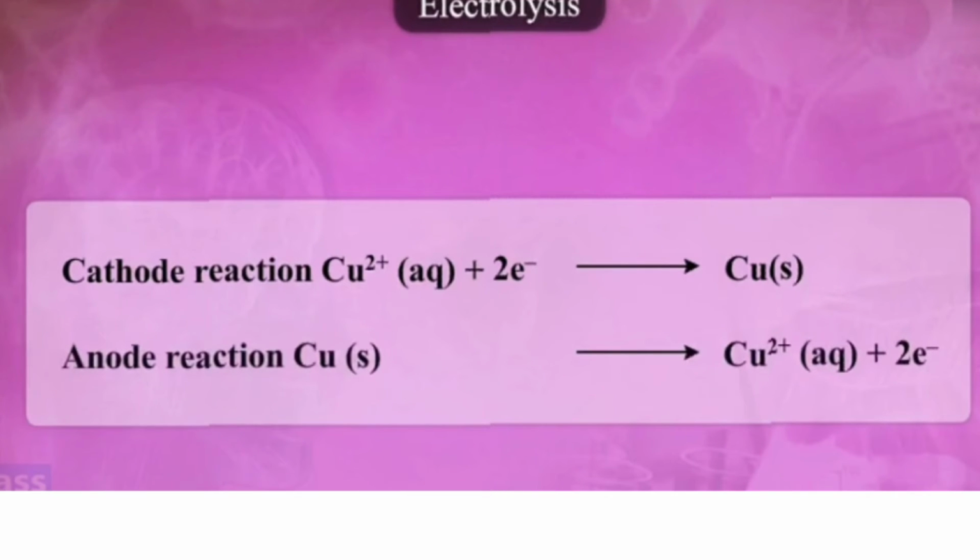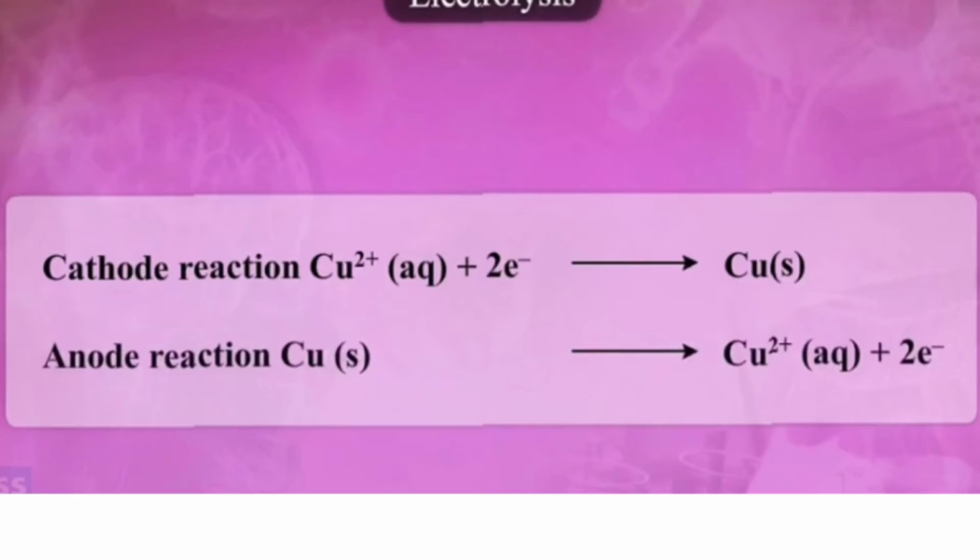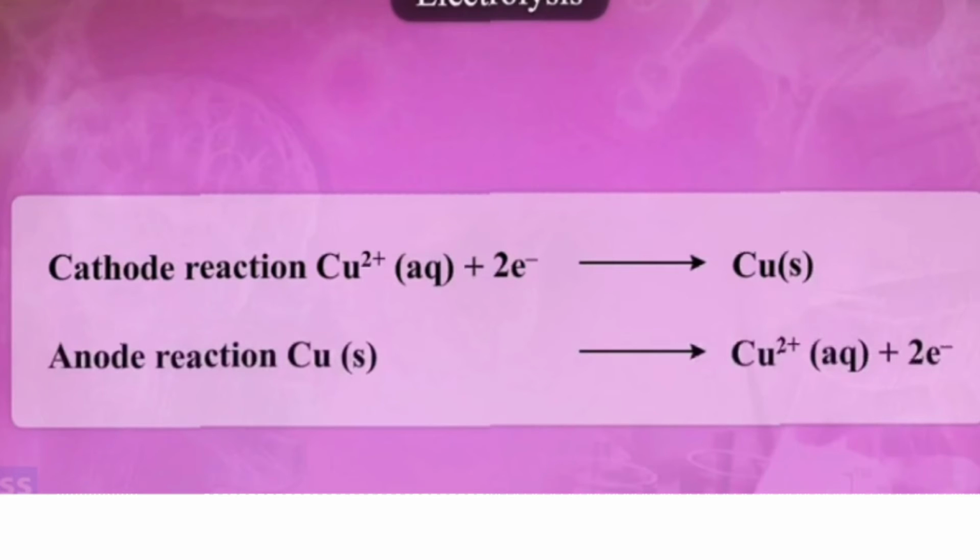Always see, cathode is the negatively charged electrode, so positively charged ions will come, right? And anode means positively charged.